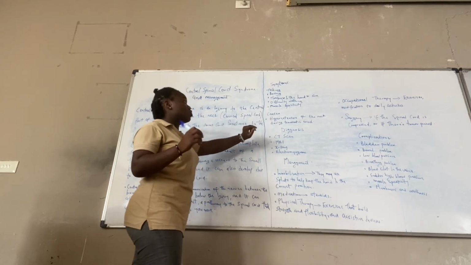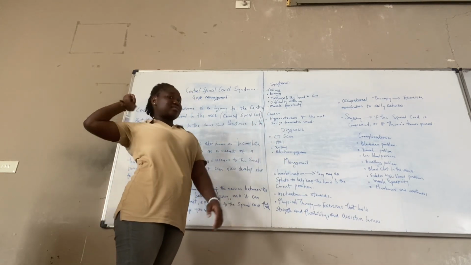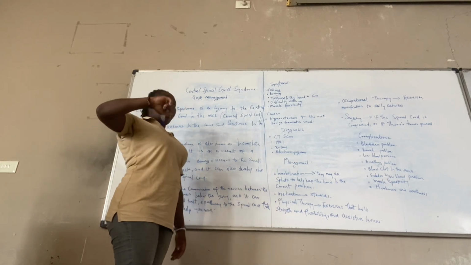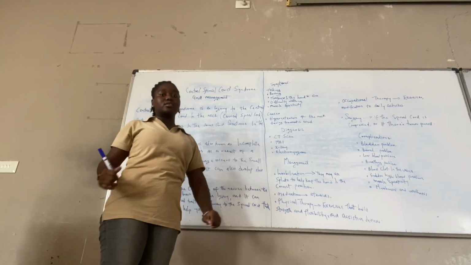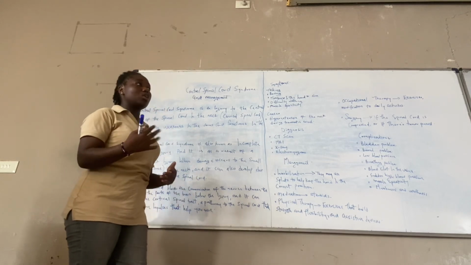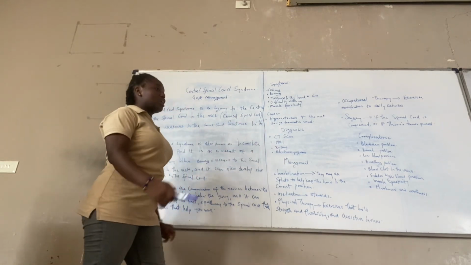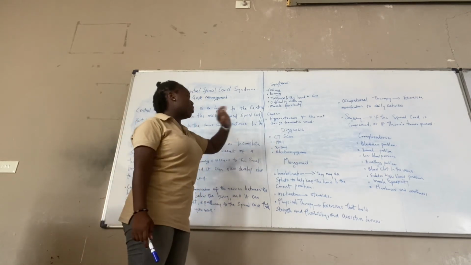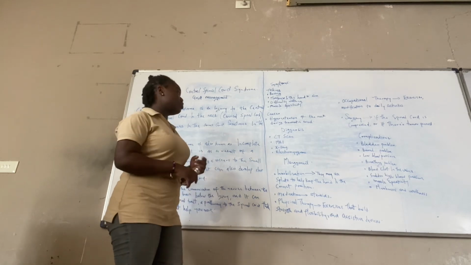There's also muscle spasm. The cause, as I said earlier, is hyperextension of the neck during a traumatic event. When we go over to the diagnosis, we can do CT scan, MRI, X-ray, and electromyogram.